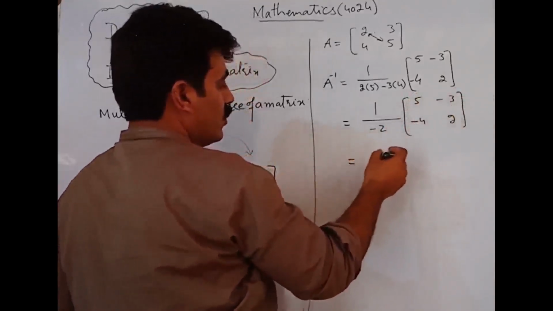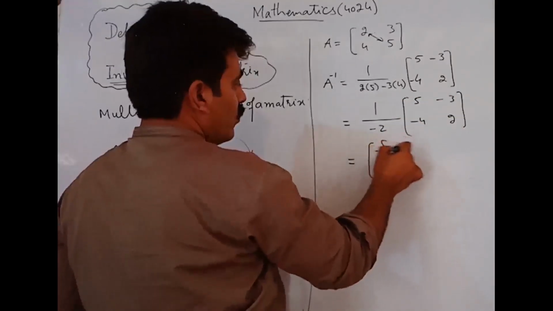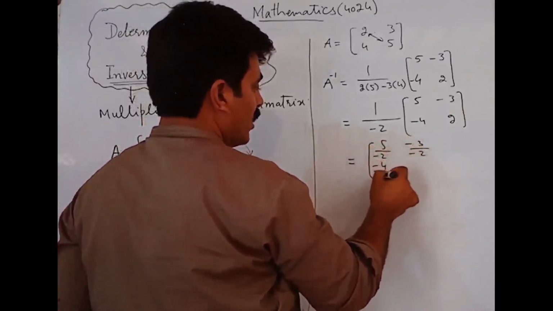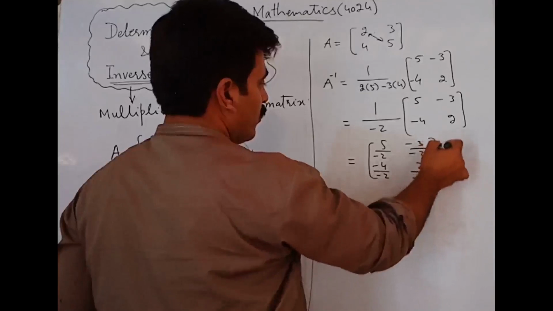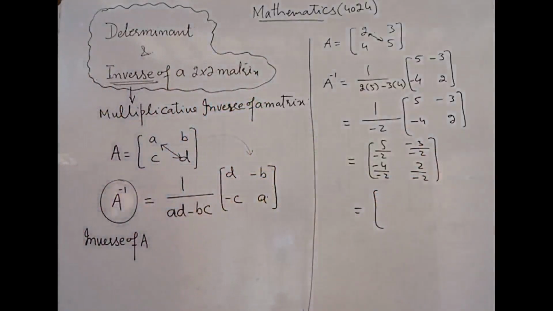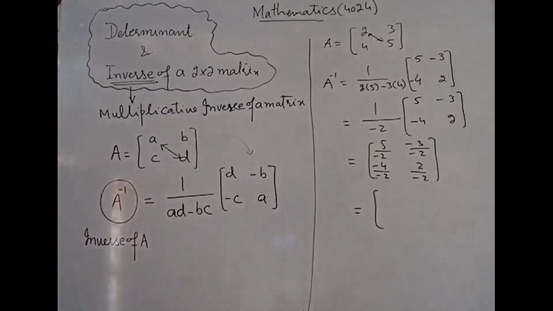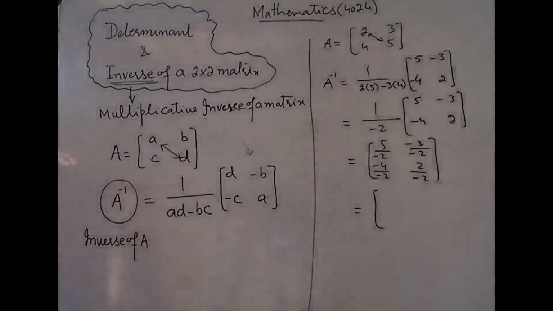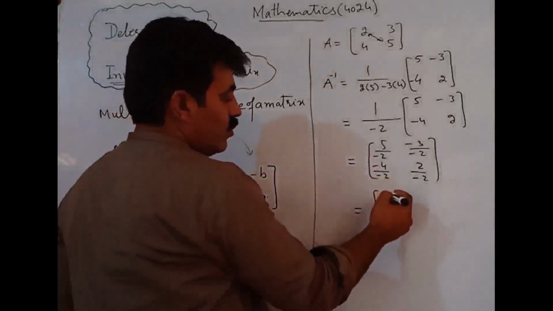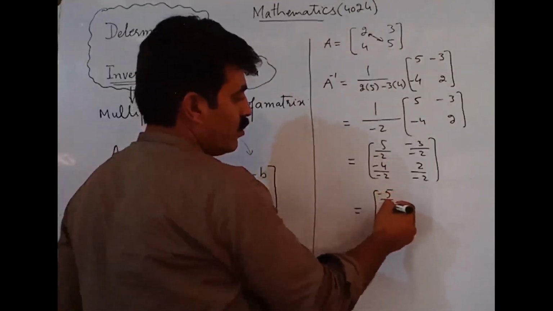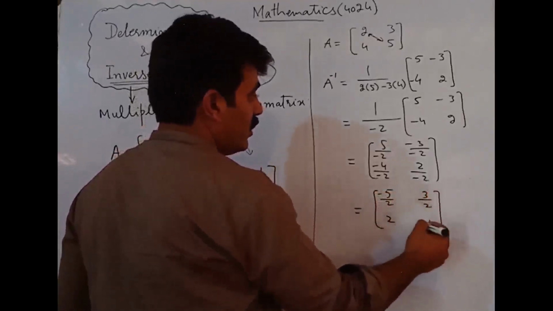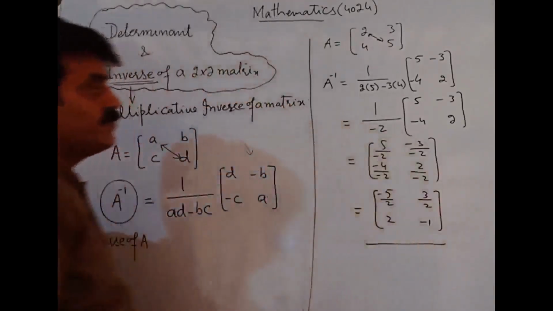This gives minus 5 by 2, 3 by 2, 2 and minus 1. Here is the A inverse.